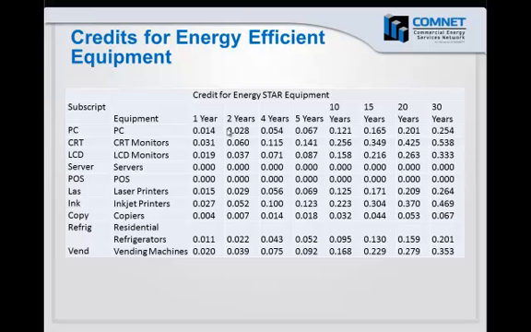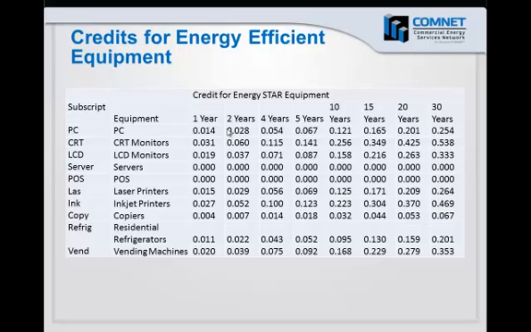Then moving on to how we handle credits. This table shows the credit that's offered by COMNET for each of the devices. The credit depends on the time period of commitment that the building owner is willing to make towards the purchase of Energy Star equipment.